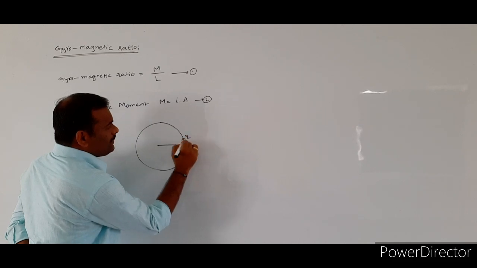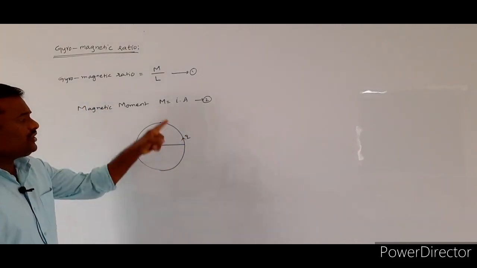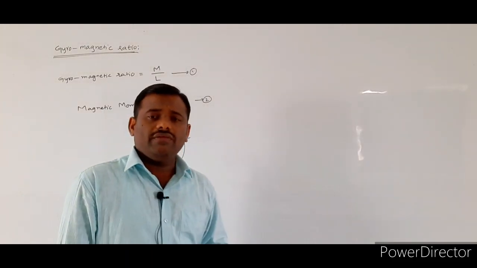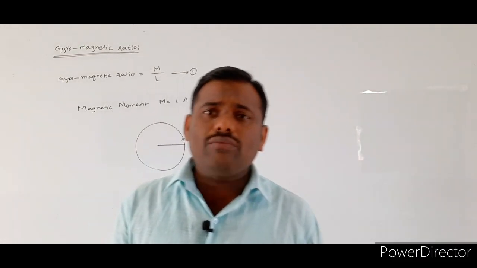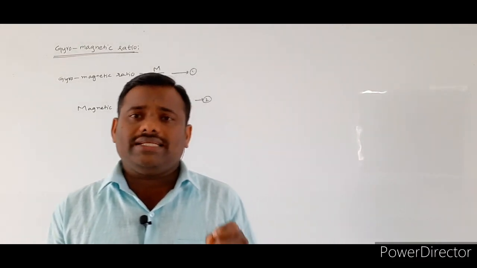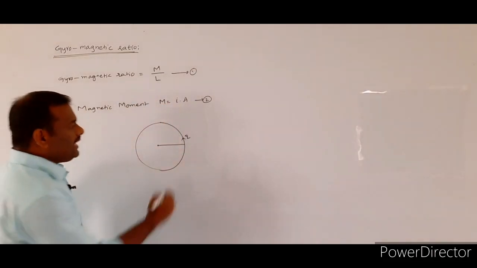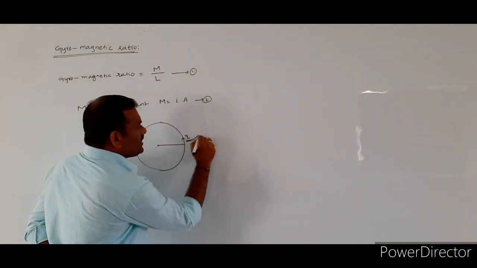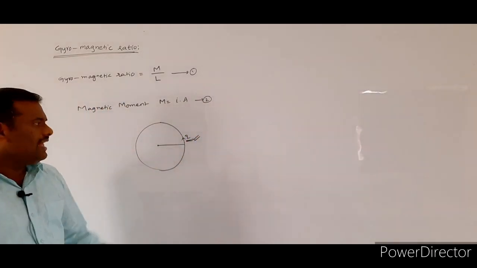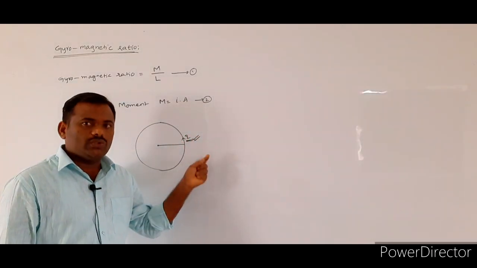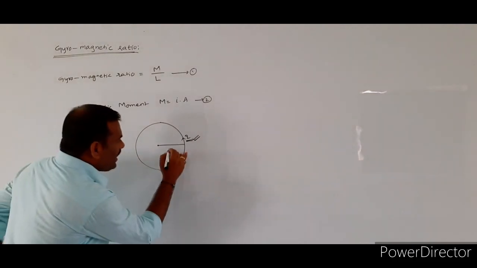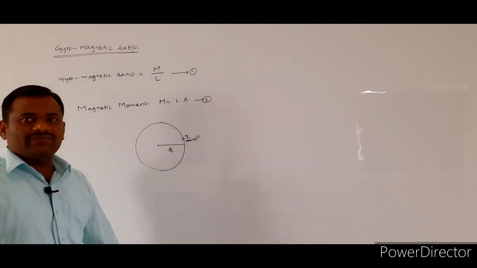We know well about the definition of the electrical current. Whenever a charged particle is in motion, it produces electric current. So I am assuming a charged particle having a charge small q is revolving in a circular path of radius small r.